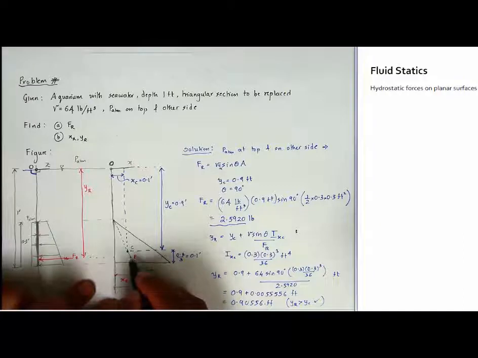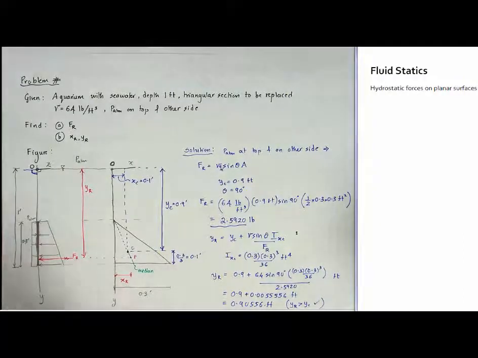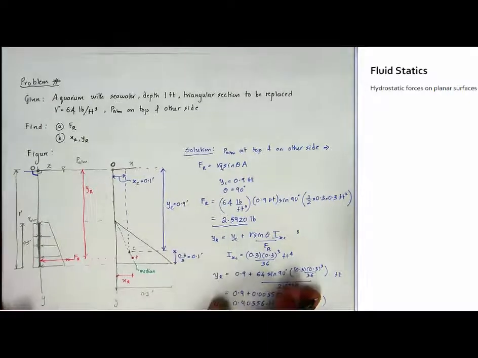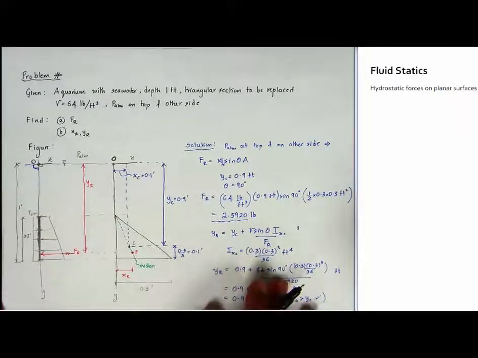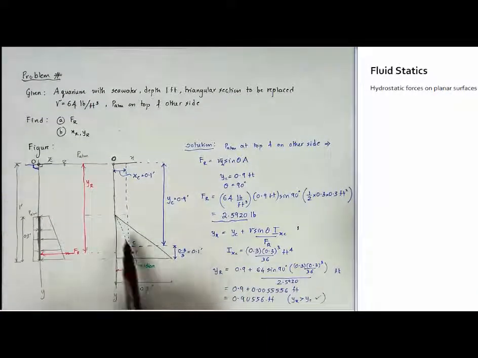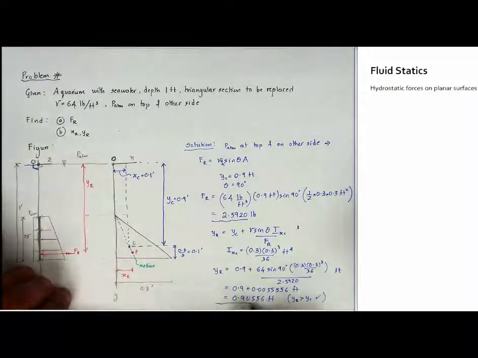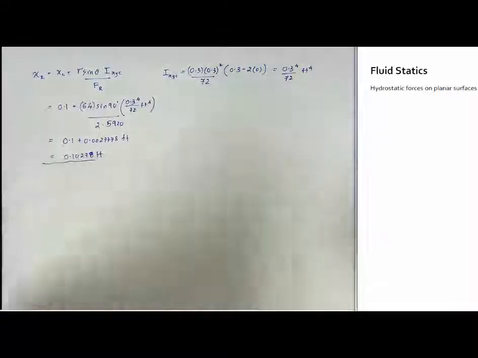If you extend it, P just ends up being on that line. Just interesting to note. It can of course be proved that it will fall on that line, but I'm just showing it to you. That gives us all the 3 answers that the problem is asking for: FR, YR and XR.